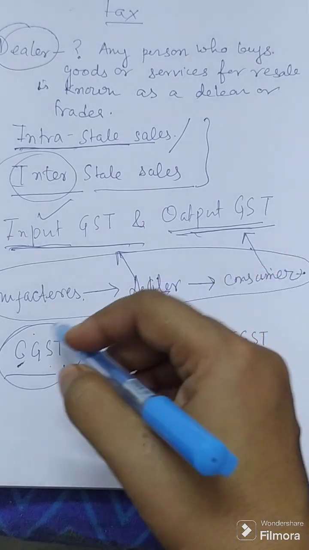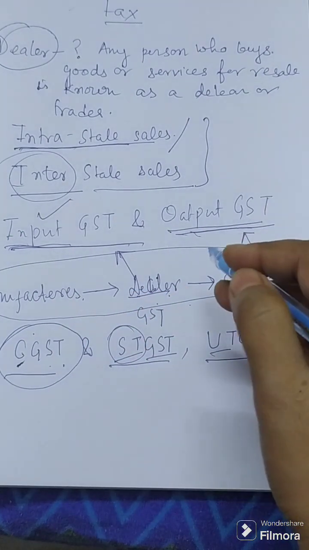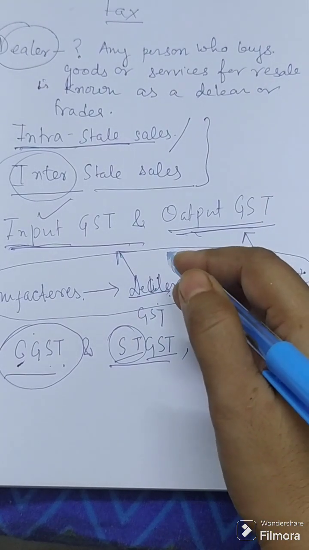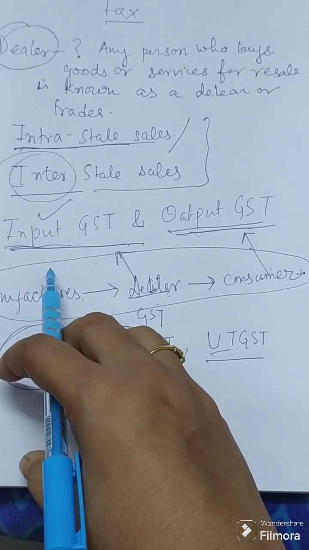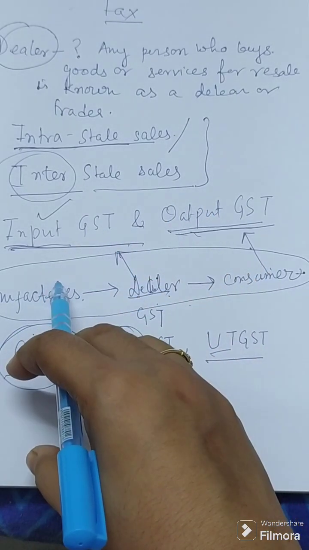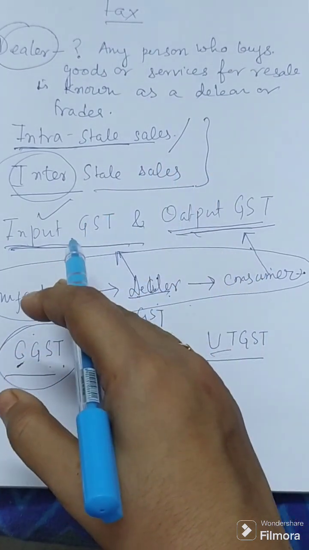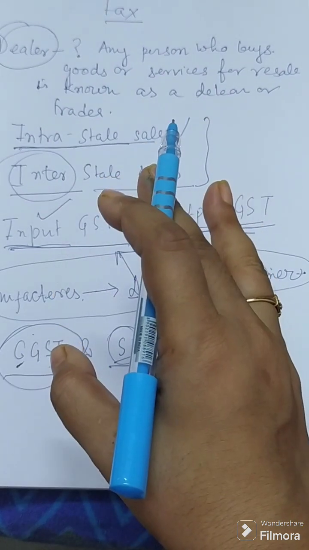So these taxes are levied on the intrastate sales, that is on the sales of goods and services within the same state. In intrastate sales, GST is divided equally among the center and the state government.